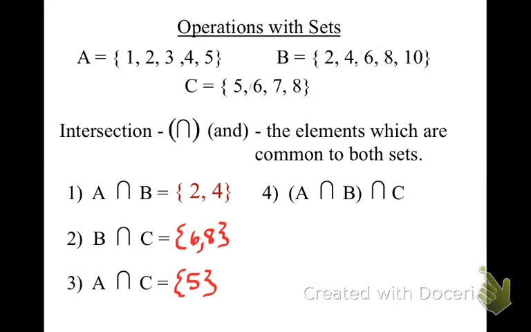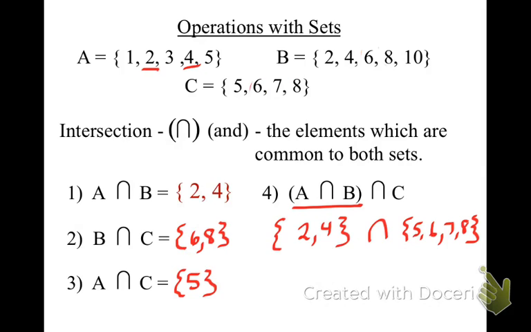For this one, first we have to find the intersection of A and B and write down what's in that set. The intersection of A and B is 2 and 4. Then the intersection with C, which is 5, 6, 7, 8. Remember, when we're talking about intersection, we're looking at commonalities. What do they have in common? Nothing.